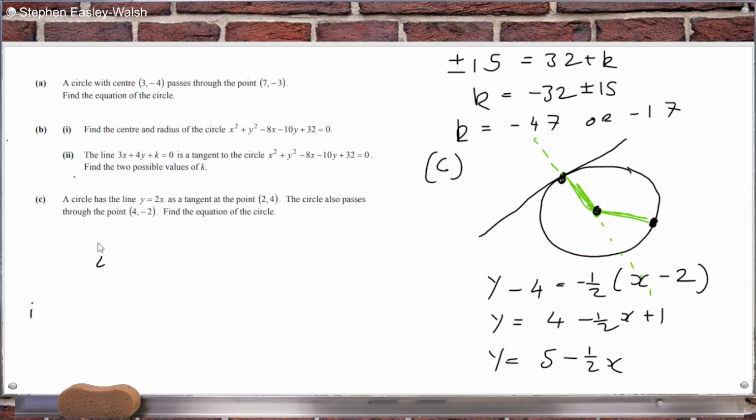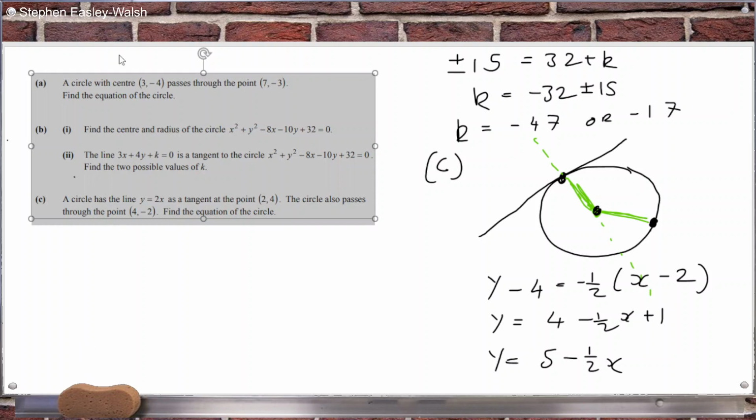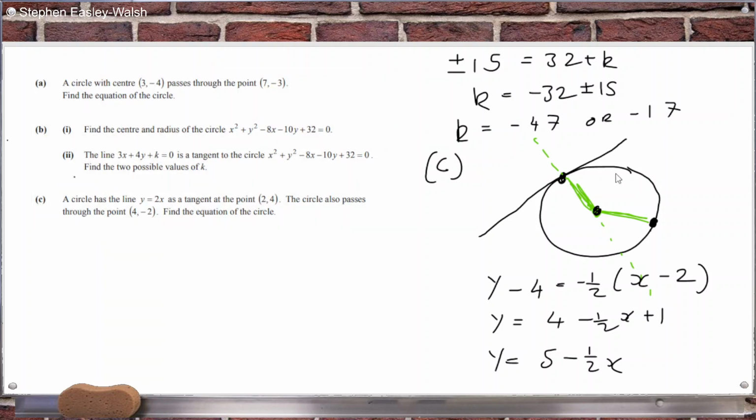Oh, I should write down the other point now before I clear this off. This is the point 4, minus 2. No, sorry, it's not. It's the point 2, 4. And this is the point 4, minus 2.